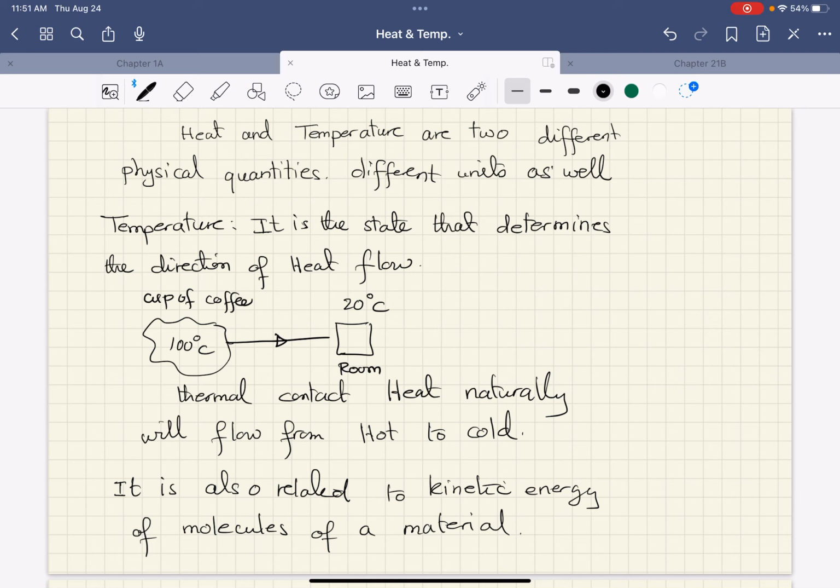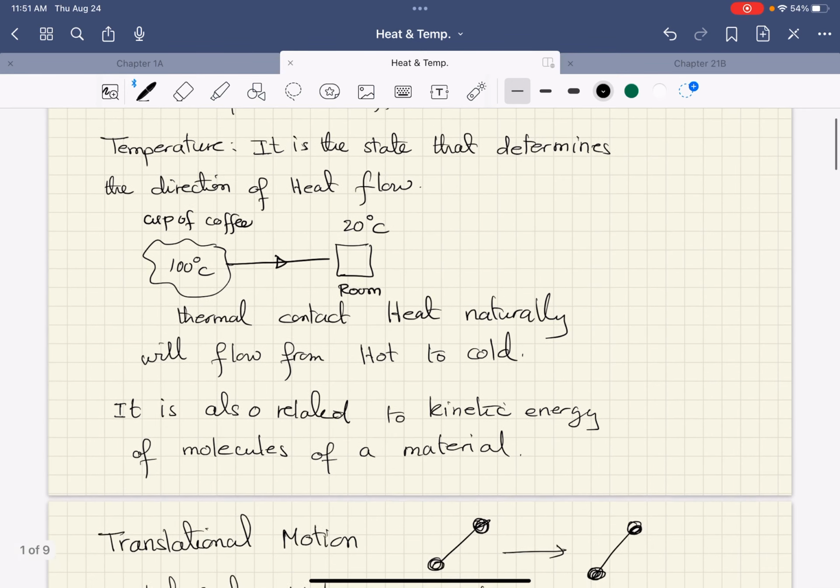Now, the objects that are going to exchange the heat should be in thermal contact. Thermal contact is when we have a physical contact that makes the heat transfer possible. Heat naturally will flow from hot to cold.